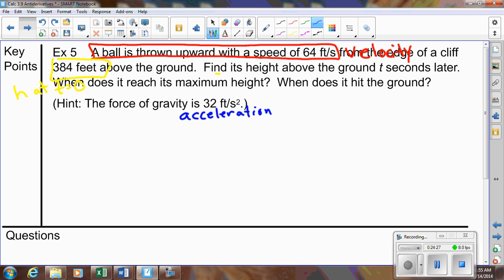We have velocity, and we are searching for the position function. You notice the connection between first, second, third derivative: acceleration, antiderivative for velocity, antiderivative of antiderivative for position. We can work backwards from what we were looking at before.